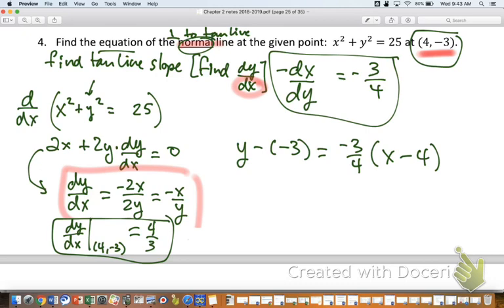What we could have done, though I'm not going to do it, is say, I'm looking for dx dy, because we're looking for the slope of the normal line, and instead of doing d/dx, I could have done d/dy. I don't think that saves a whole lot of time necessarily, but it could have been a different approach. It would have worked just fine.